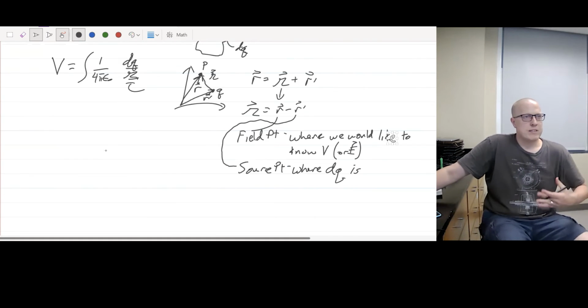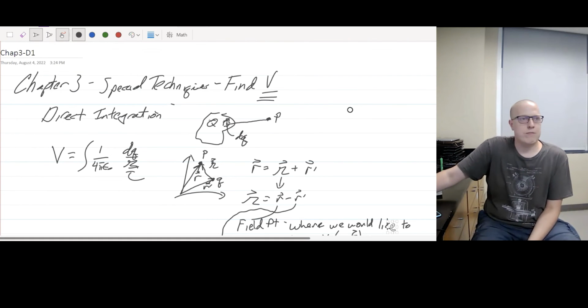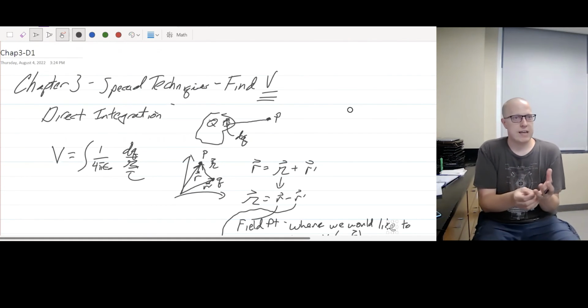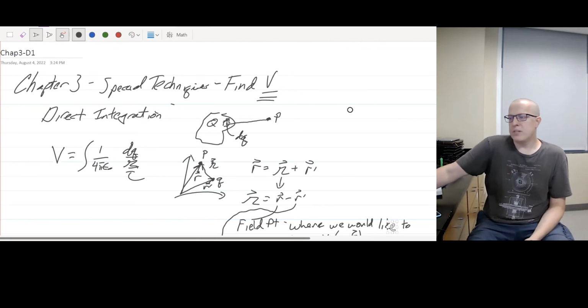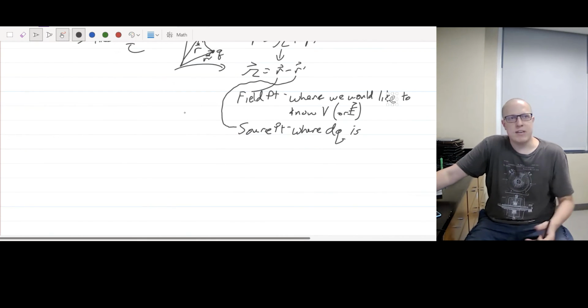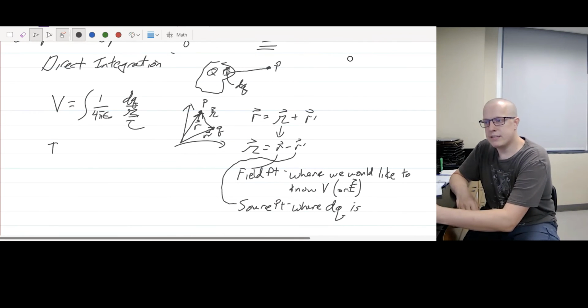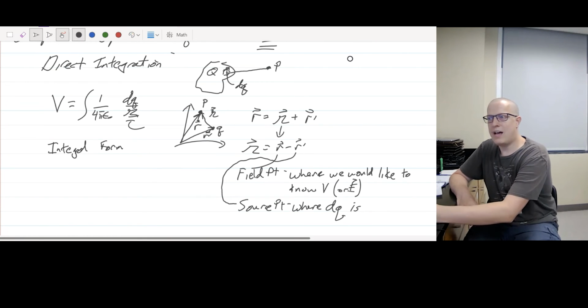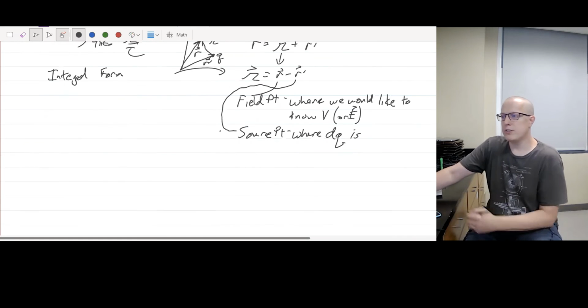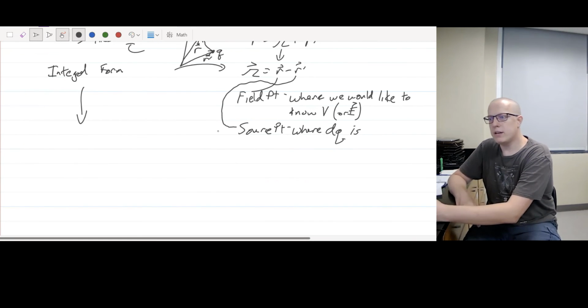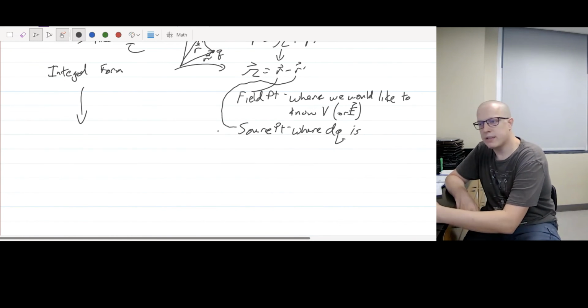So anyway, I wanted to just highlight that, but as soon as we look at this direct integration, we can imagine that there are going to be lots of situations where I have a bunch of charge together and I'm trying to find the potential, but maybe it's just too difficult to integrate, right? So this is the integral form, where I have some charge and I'm trying to get the potential, but we can rewrite this using the differential form instead.